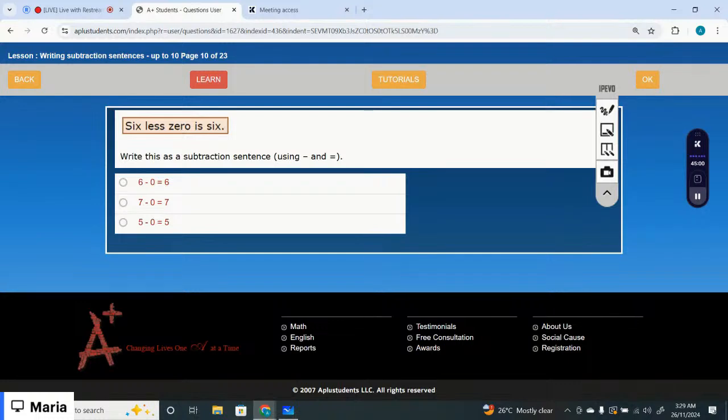6 less 0 is 6. Write this as a subtraction sentence. So, which is the correct option?